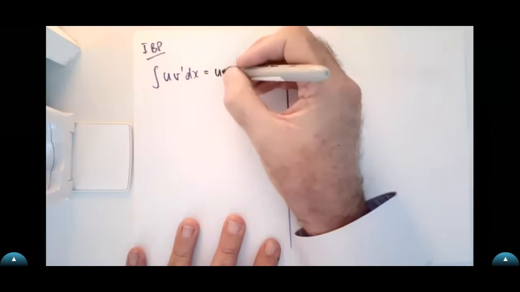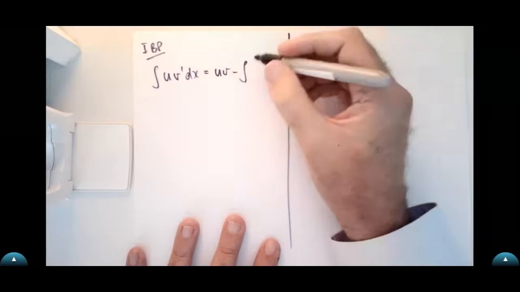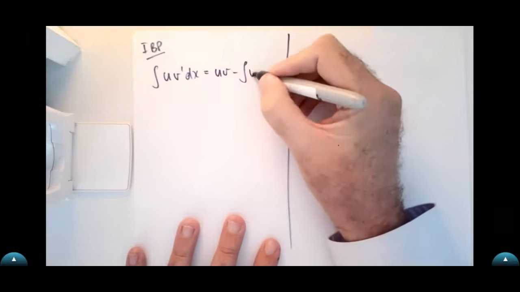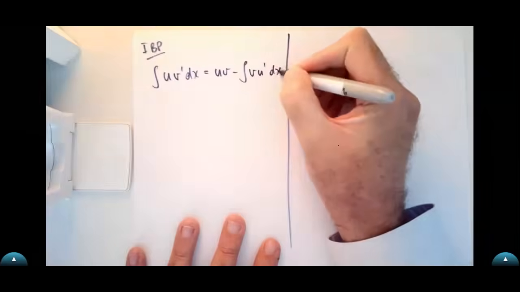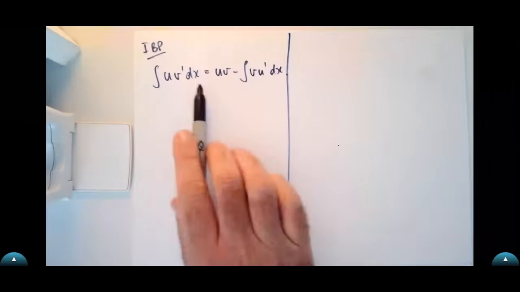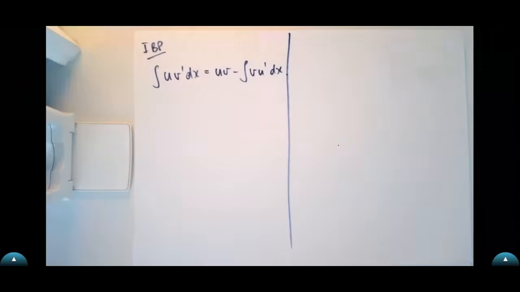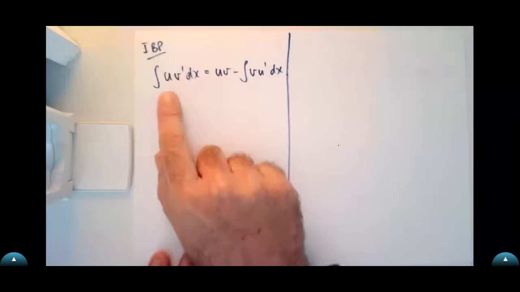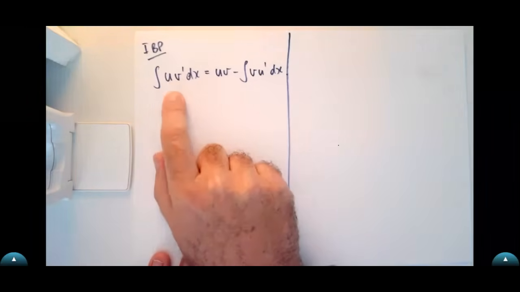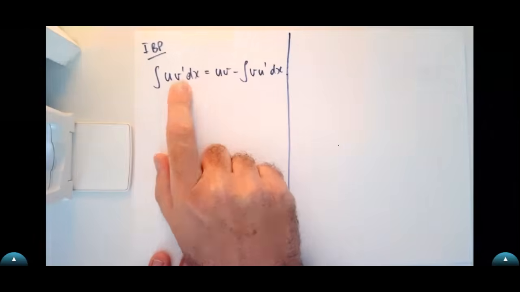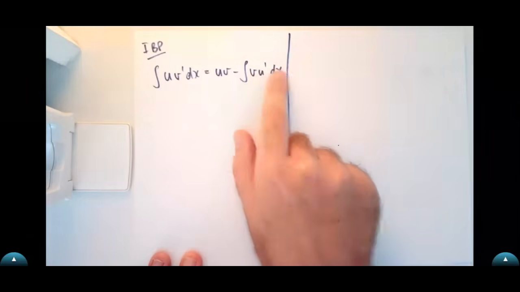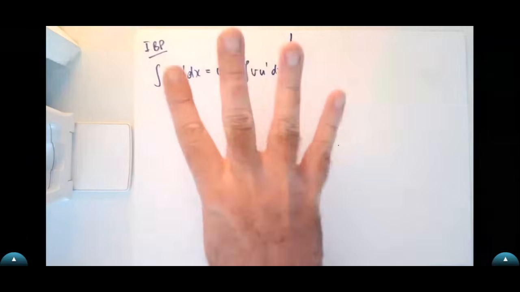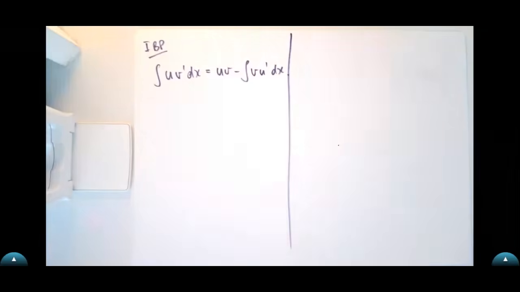And the integration by parts formula tells you that this is how you can integrate the product. So for this you need to choose u, choose v dash, and then compute u dash and v. So there's four things to account for: u, v, u dash, v dash.